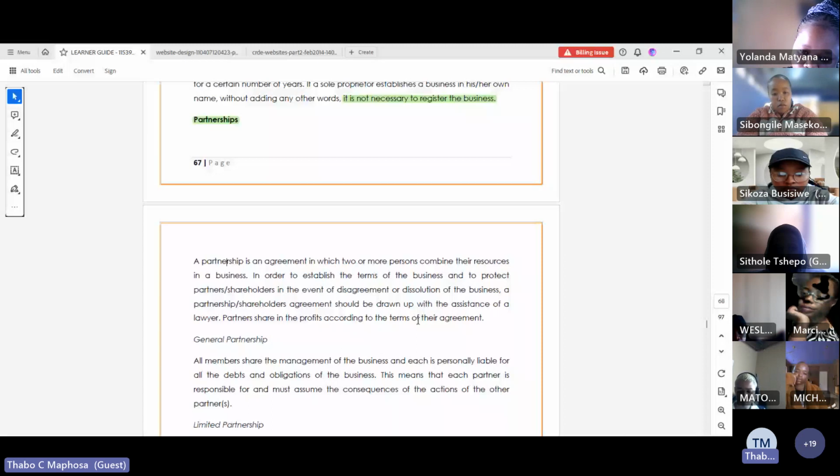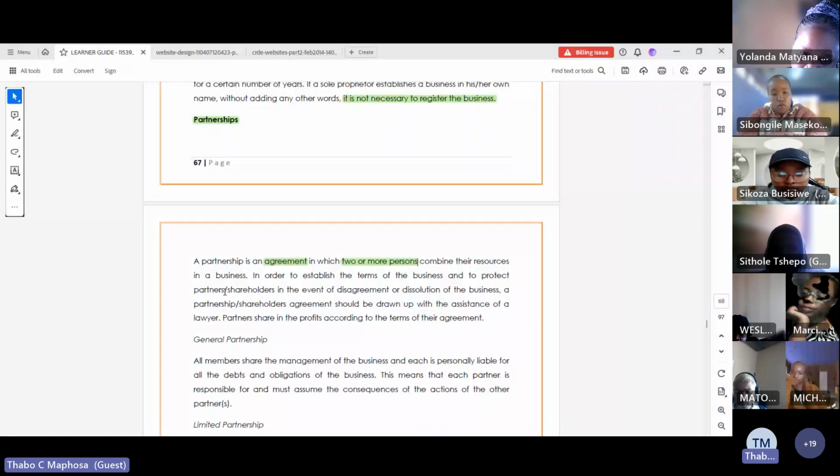So one thing that we need to understand about a partnership is that it is an agreement between two or more persons that combine to share their resources in a business. We know that.